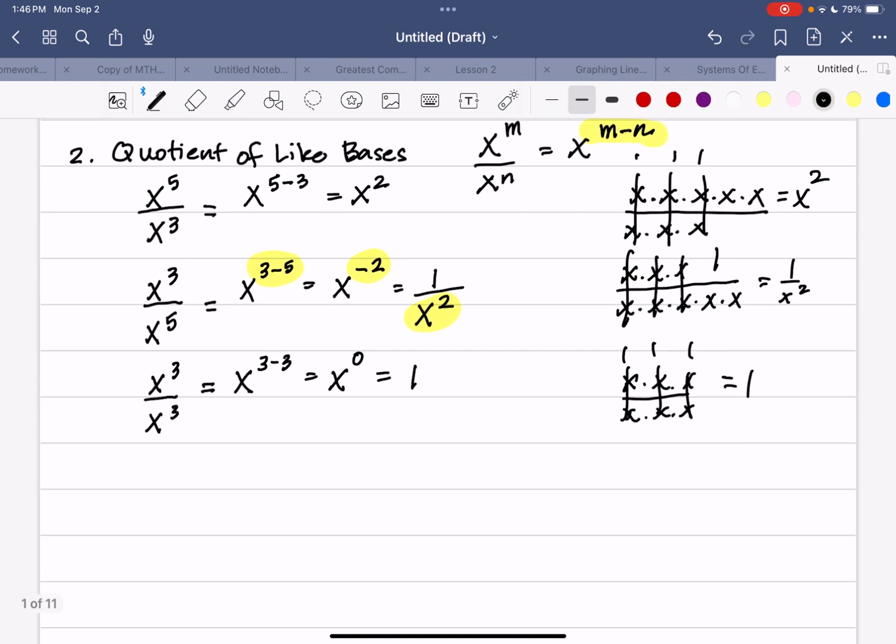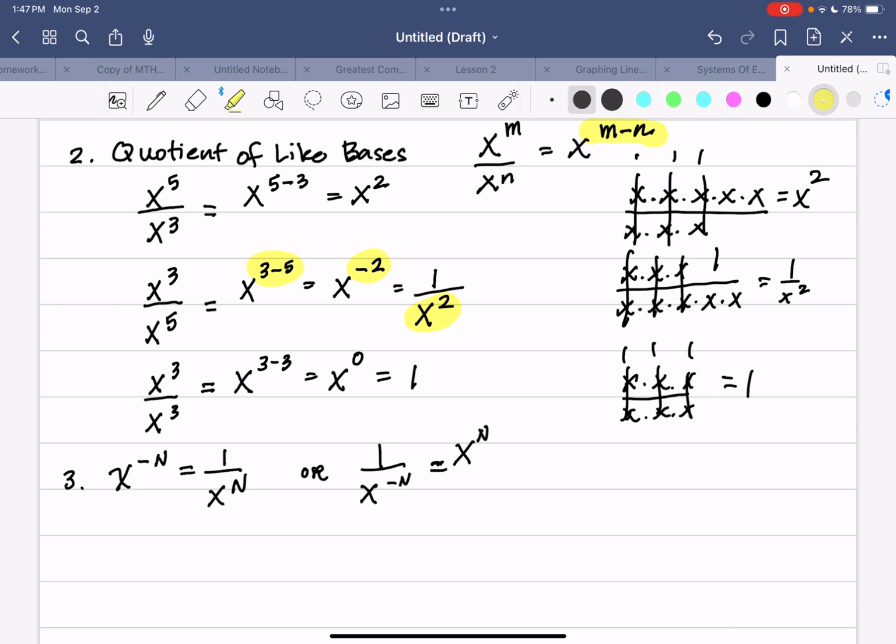But it gives us two new rules too. And that is that x to the negative n is 1 over x to the n. And it turns out later that if you have a negative exponent in the denominator, it's going to move up to the numerator. So 1 over x to the n, if you have x to the negative n, you put that base in the denominator.